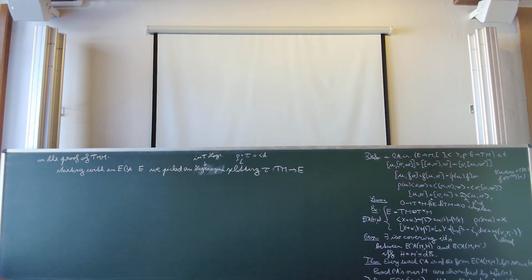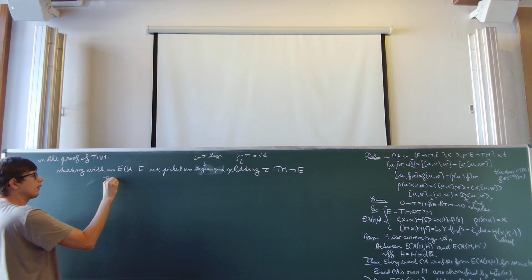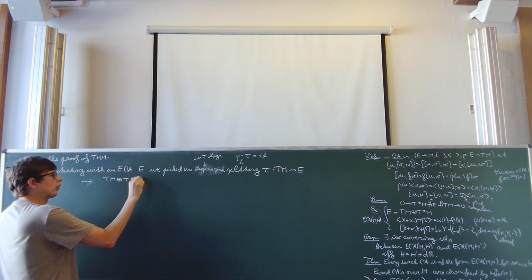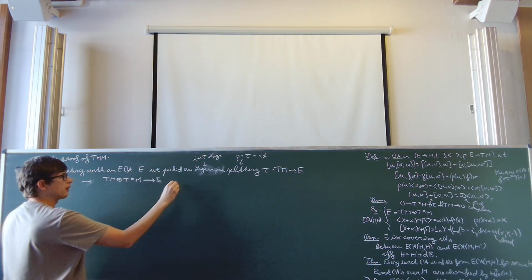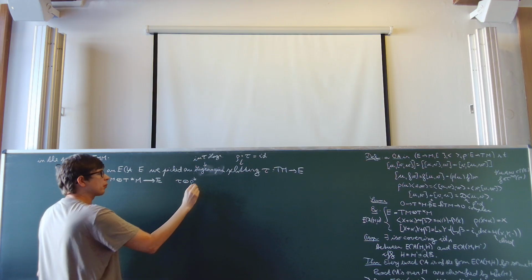Okay, so we picked this thing and then there were some further steps, but essentially what we used this for is that we identified the following map, which was simply tau plus the dual of the anchor map.